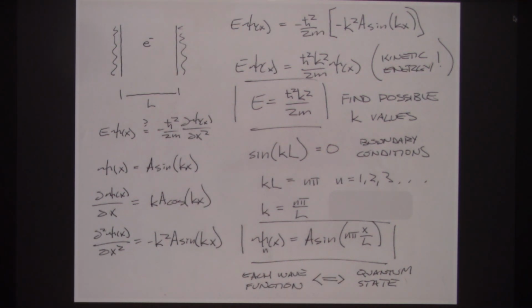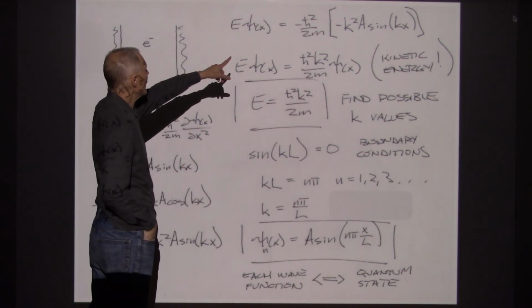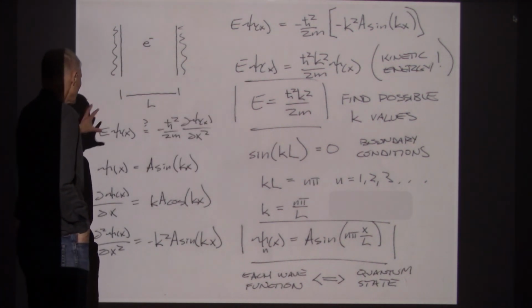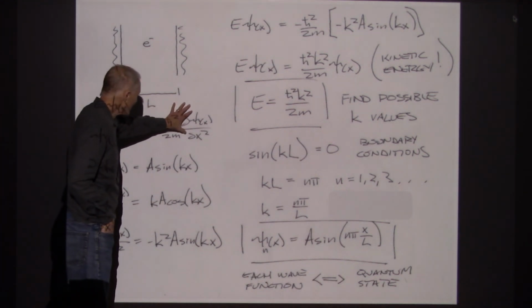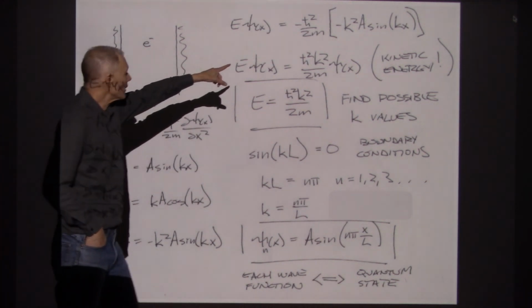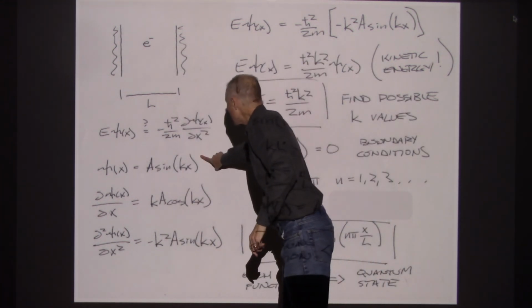And so if we do follow the Schrodinger equation, the Schrodinger equation has us taking a couple of derivatives. So the Schrodinger equation says that we've got to take a couple derivatives of the wave function. Here's the wave function.